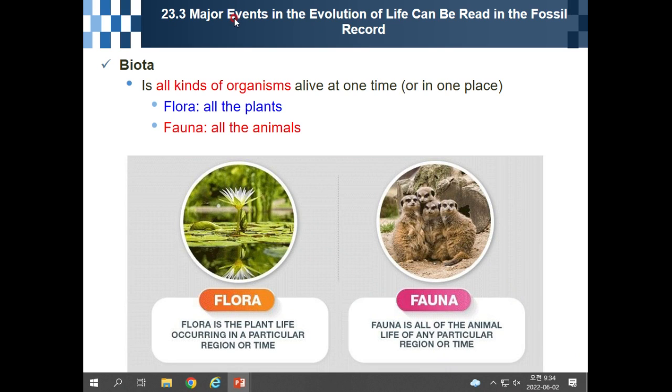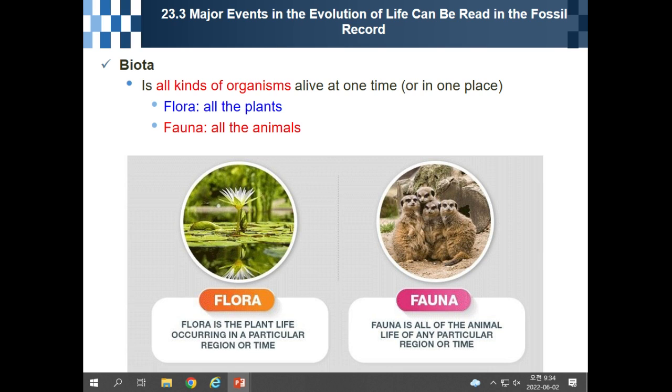Okay. Now we will see some important terminology. Biota. Biota is all kinds of organisms alive at one time or in one place. For example, this time point and this place is one biota.